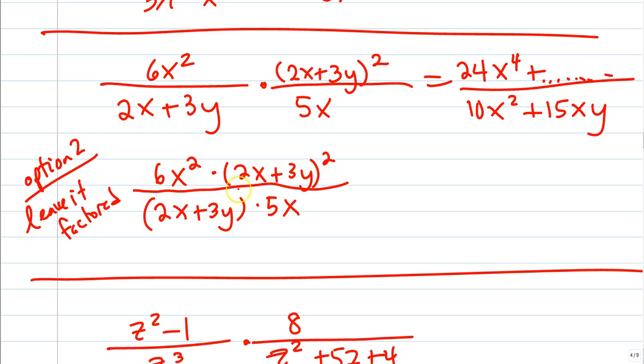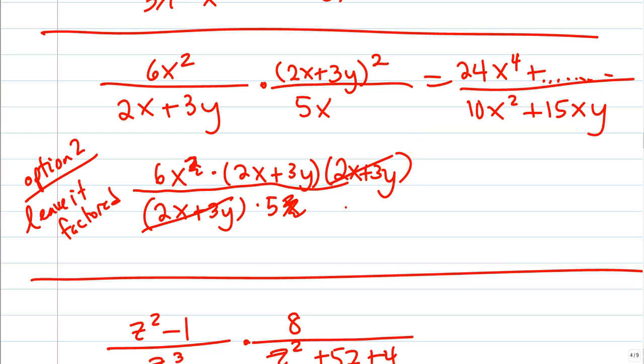I have 2 x's on top, 1 on the bottom, 1 cancels out. And the 6 and the 5 aren't going to do much for me, but this group, I have 2 of them on the top and 1 of them on the bottom. So I can cancel one group with one of these. If you don't like how I did that, you could write this out twice, and when one cancels, I'm left with one of them.